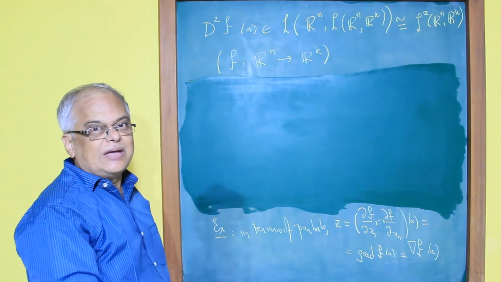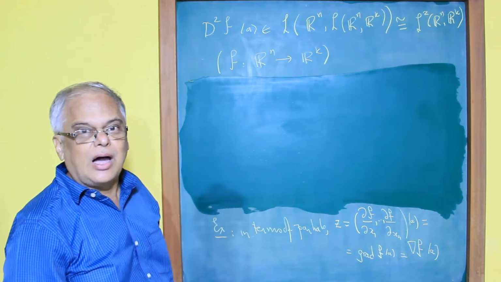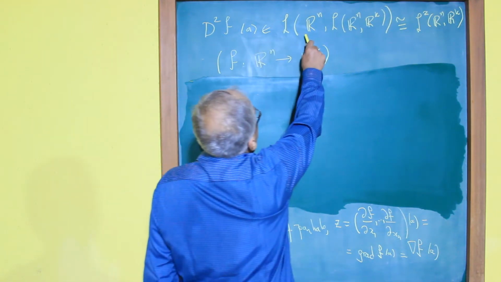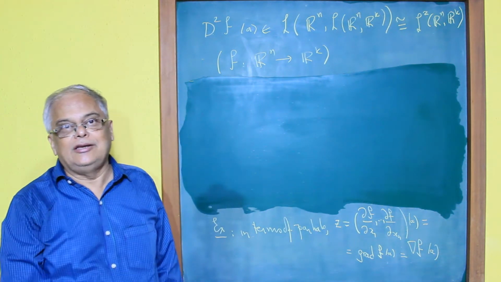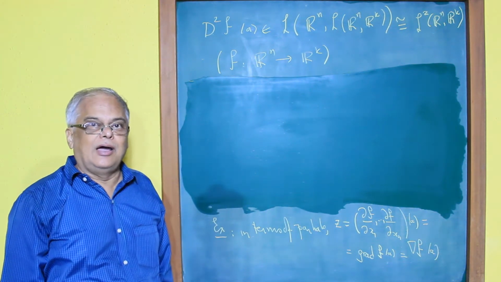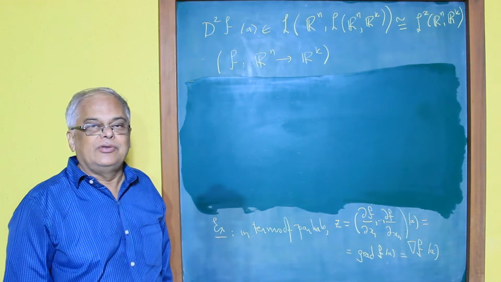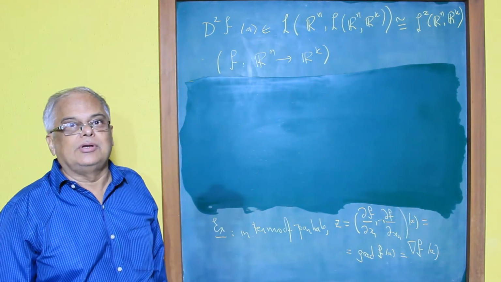The space of linear maps from Rn to R1, I just explained, is isomorphic to Rn. So d2f at A is a linear map from Rn to Rn. And you know that linear maps from Rn to Rn are represented by an n by n matrix. So what does that n by n matrix look like?